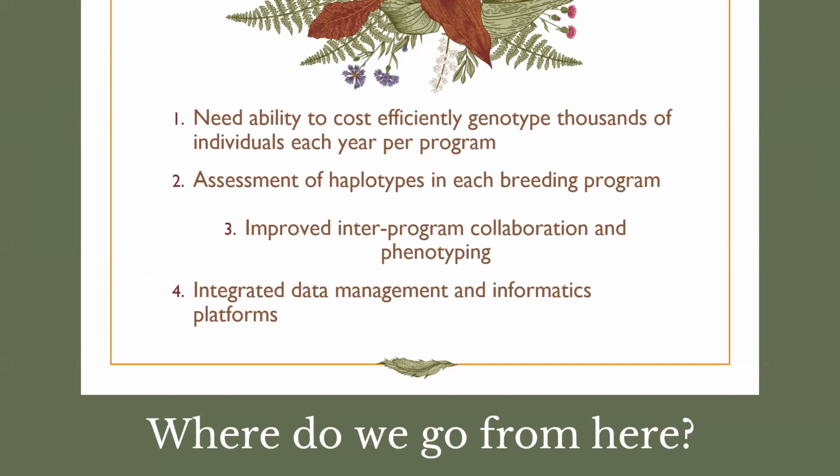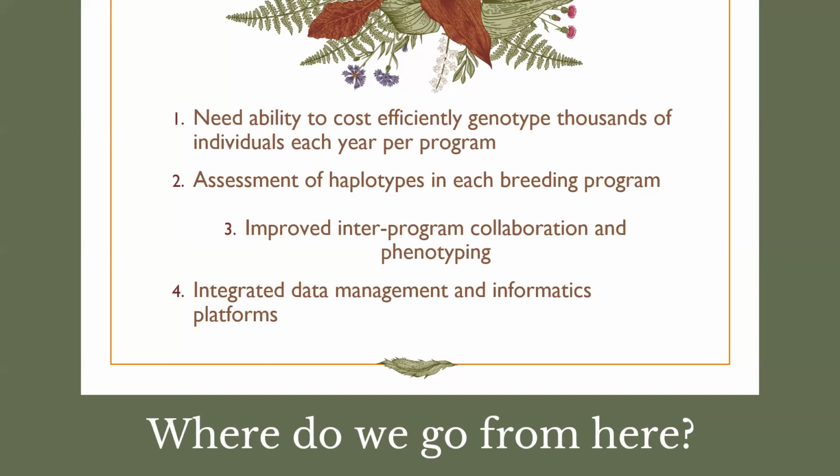So we really need to think about having the ability to cost efficiently genotype thousands of individuals each year per program. So if you recall back to the number of programs that we have in the public sector, this is a large number of individuals across the US that we need to be able to genotype. And we do not have the current ability to be able to do that.